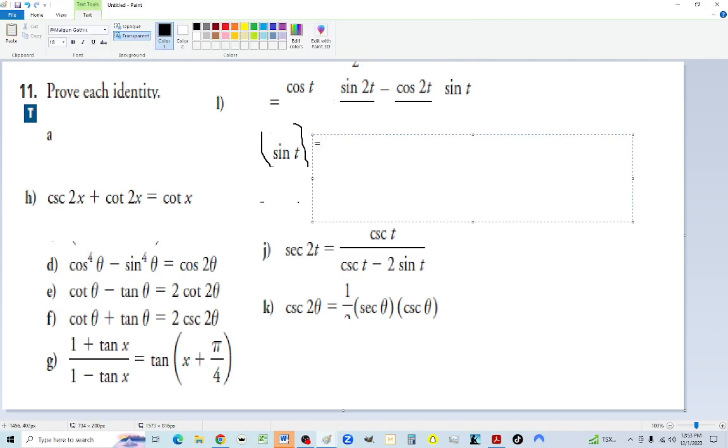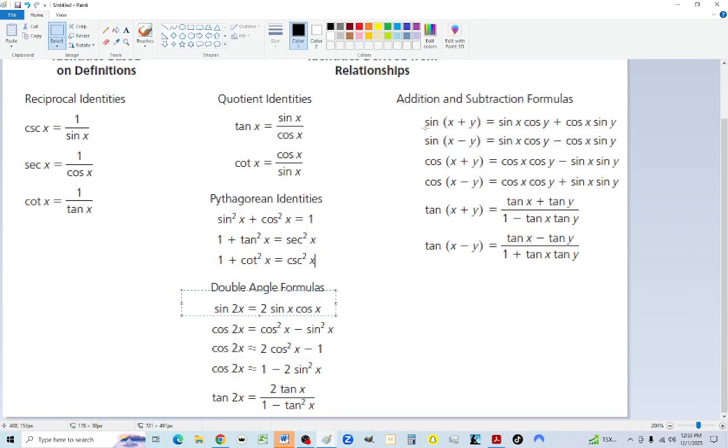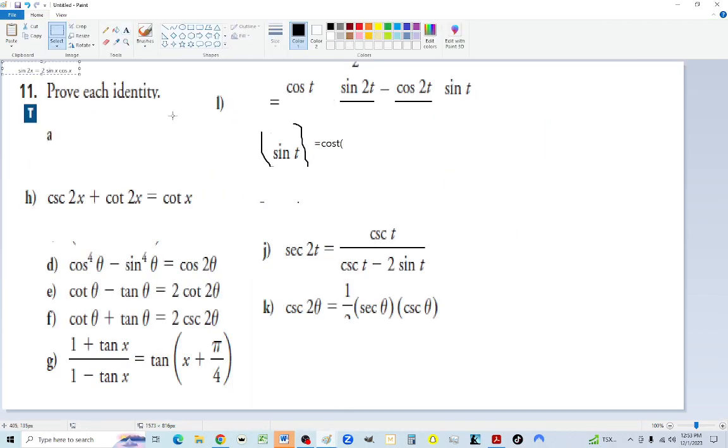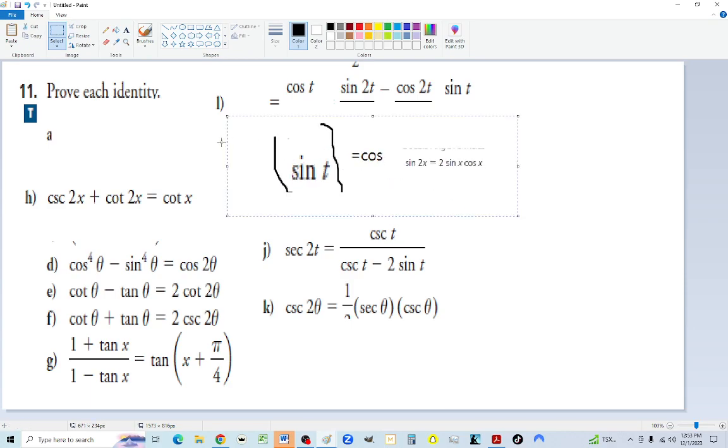So we have to replace sine 2t with what it's worth on the other side. And it's going to be worth this. And we have to replace this.